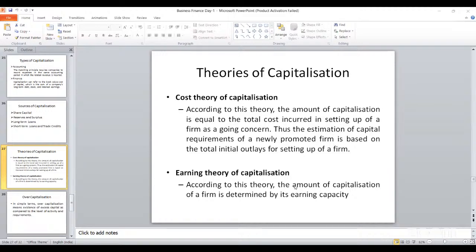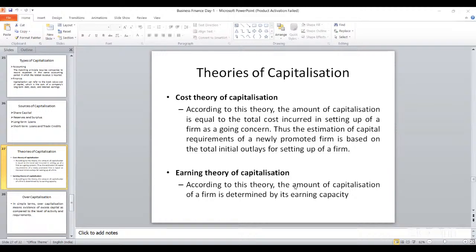This theory is very easy to understand, and it helps us know the capitalization required in order to start a new business. It also helps the promoters know how much capital has to be raised to start up a new business.